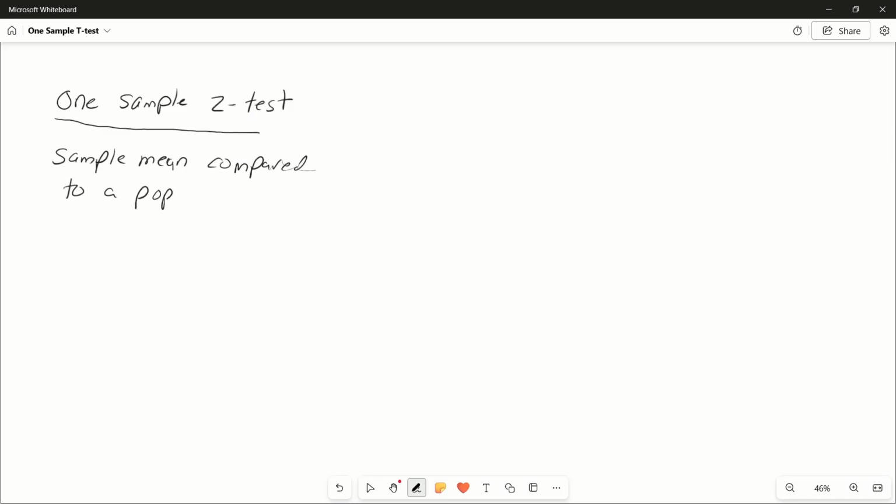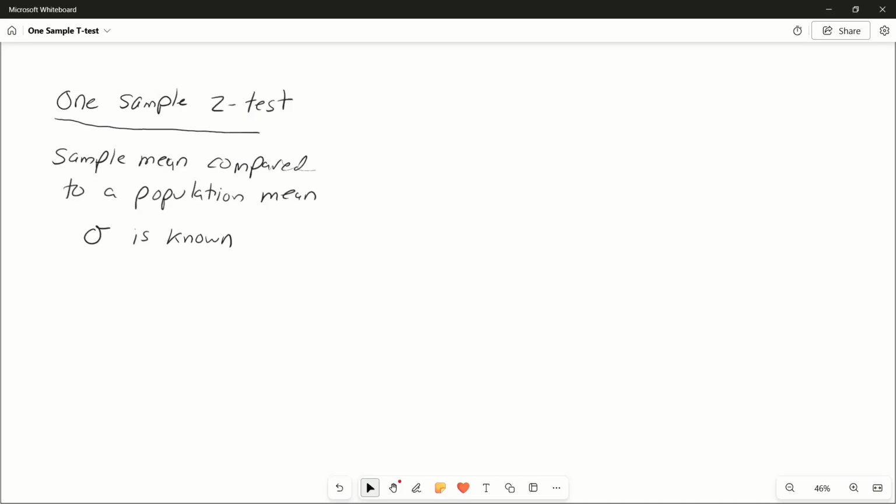What we want to see is whether the sample mean is different from the population mean. In this situation, sigma, the population standard deviation, is known. So in order to use the one sample z-test, we need to know sigma.